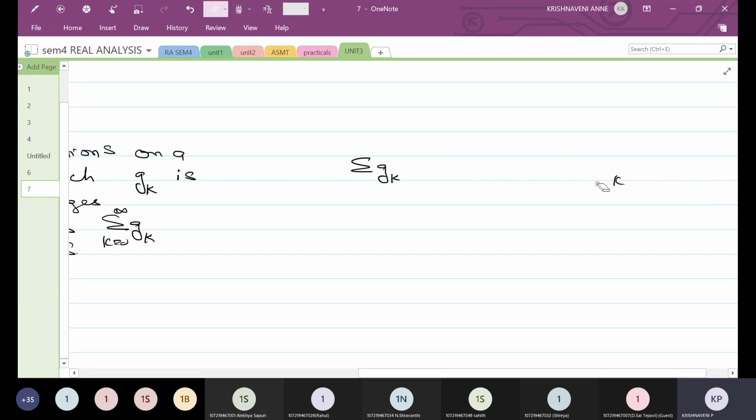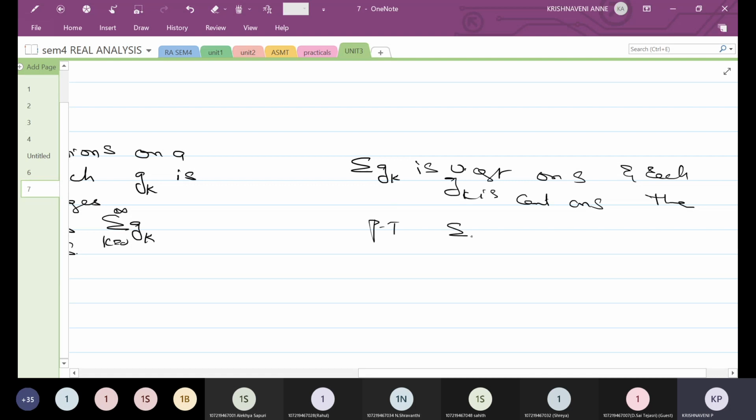If summation gk is uniformly convergent on S and each gk is continuous on S, then prove that summation gk is a continuous function on S.